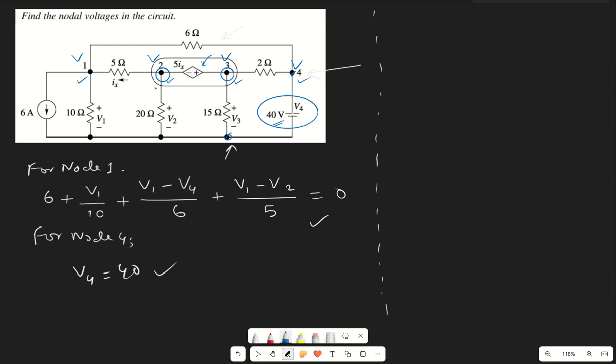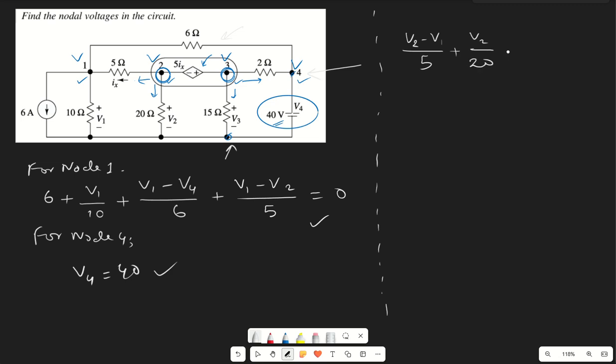The KCL equation is nothing but we will be considering these two nodes as a single node, and then we will be writing the equation. So that means we will be having 4 currents: first, second, this is third, this is our fourth. So let us write down the equation. It will be (V2 minus V1) divided by 5 for this branch Ix, plus V2 divided by 20.